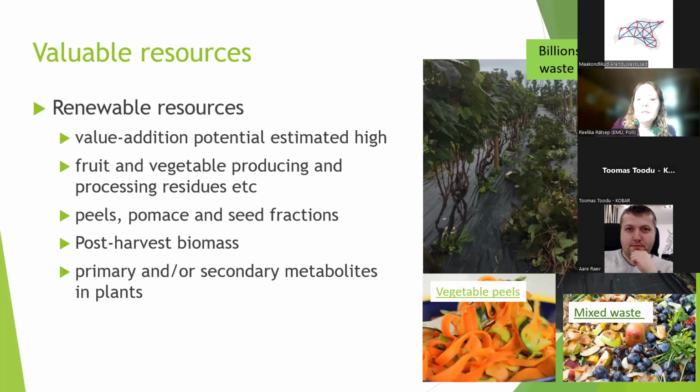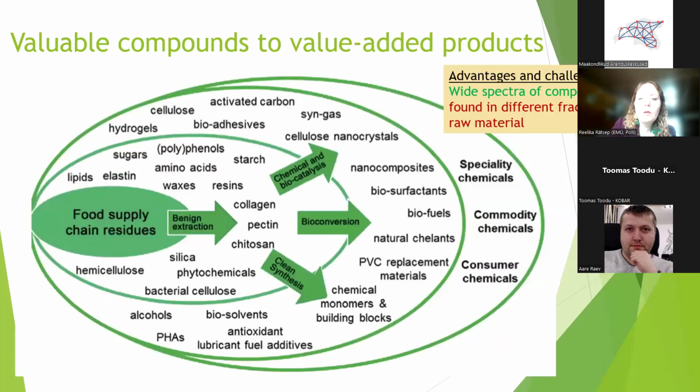So from these materials, we can obtain the primary and secondary metabolites from the plants that are mostly the bioactive compounds that we can use in different food products. So here's a big and confusing figure, showing how many possibilities there actually are for the valuable compounds.